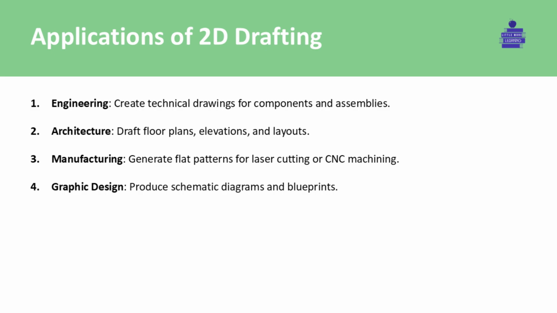In manufacturing, 2D drafting is crucial for creating flat patterns that will be cut or machined, like creating a precise template for cutting sheet metal. And in graphic design, it helps create clear, accurate schematic diagrams and blueprints. Each application demonstrates how 2D drafting bridges the gap between imagination and reality, turning ideas into precise, buildable plans.